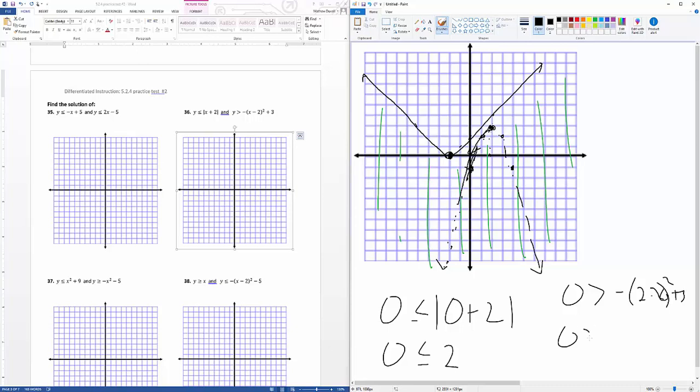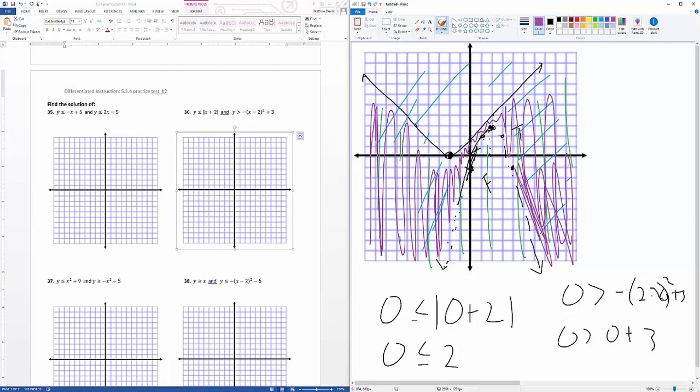So is 0 greater than, let's see, 2 minus 2 is 0, negative 2 is 0, so 0 plus 3. That is false. So this side is false, which makes the other side true. And so wherever the region overlaps is the solution. So since it overlaps here, this is what the solution is going to be.